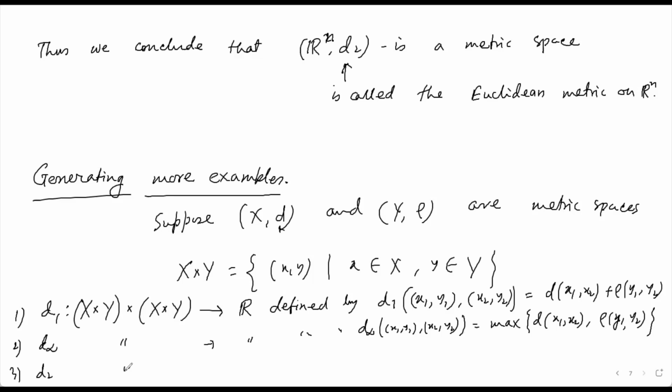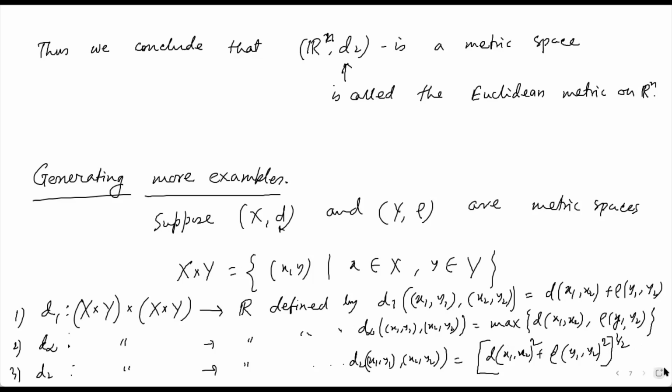Again the domain is the same and the codomain is R, and this is defined by d2 of ((x1, y1), (x2, y2)) equal to (d of (x1, x2) squared plus rho of (y1, y2) squared) whole power half.